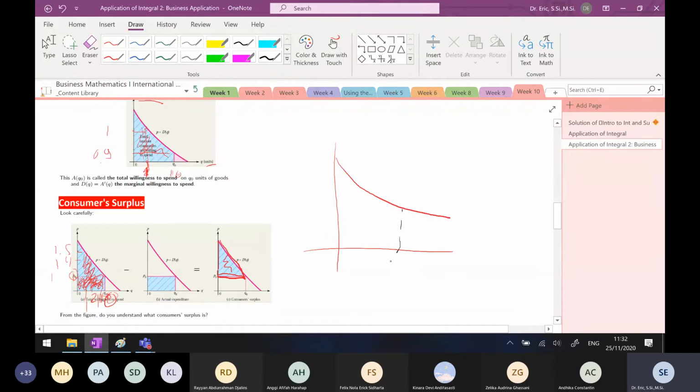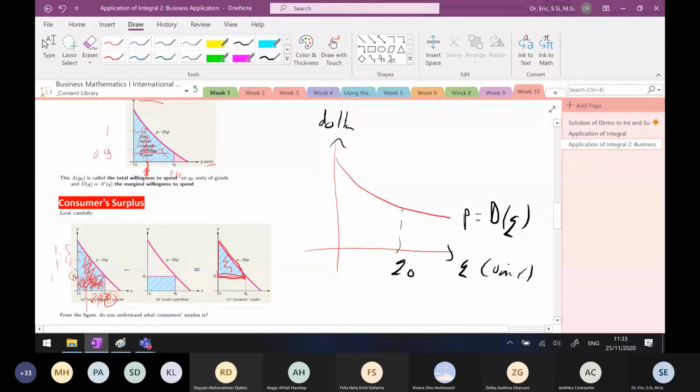Very easy. If this is Q0. This is P equals D(Q). Very easy ya. This is Q in units. This is in dollar per unit. Because this is unit price ya, dollar per unit. So what is this? This is the integral from 0 to Q0 of D(Q) dq.